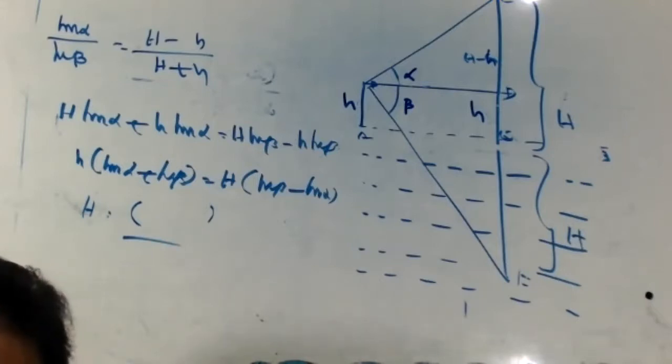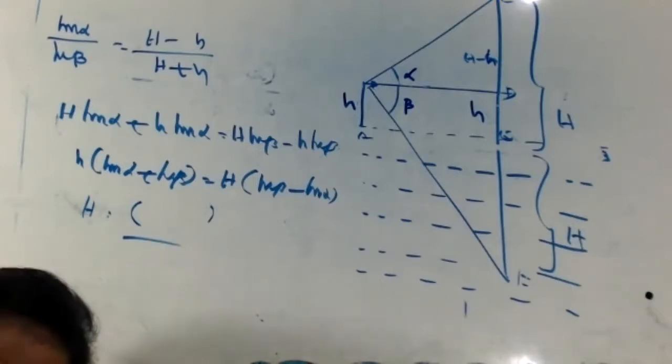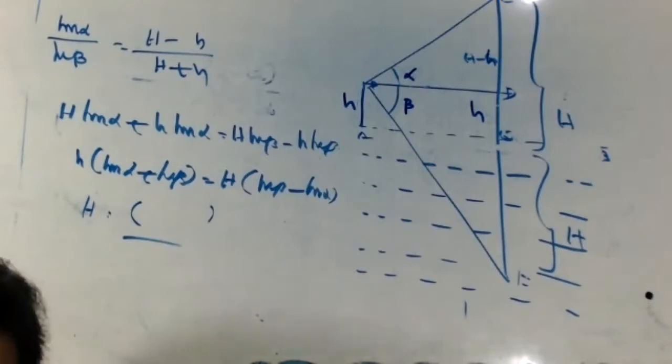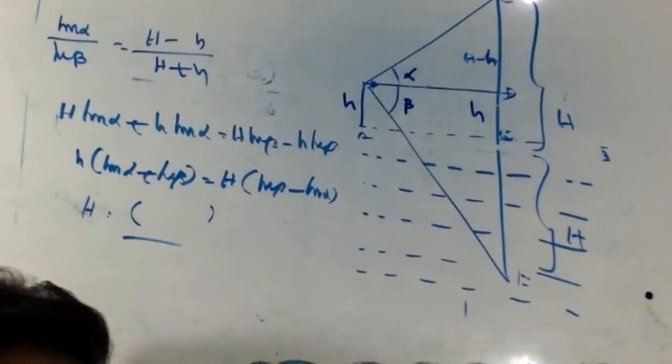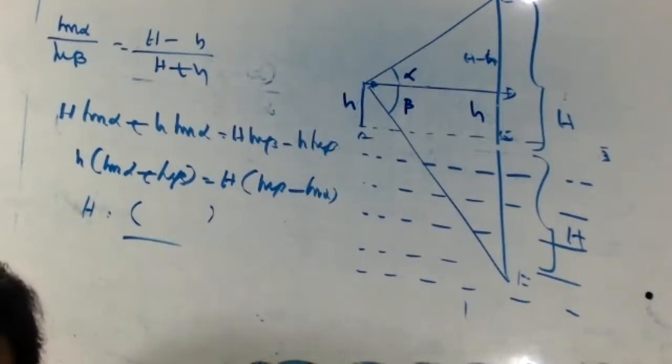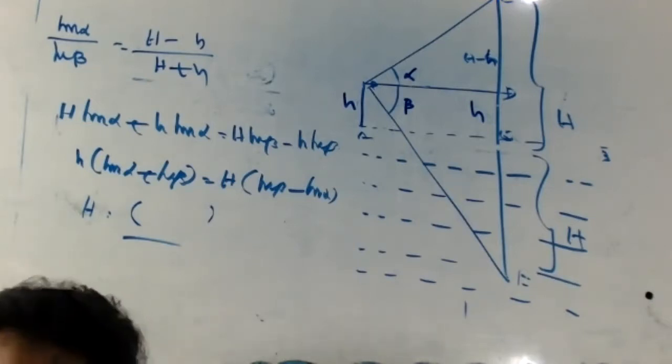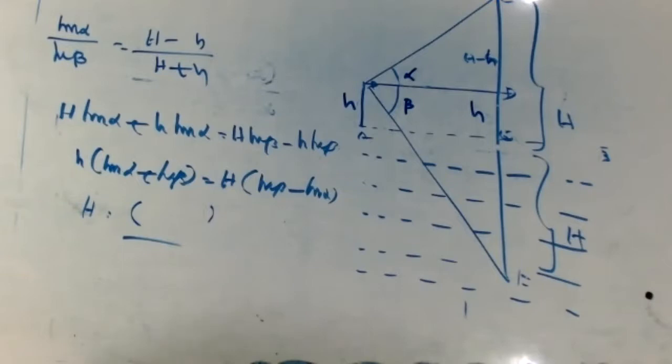The angle of elevation of a cloud from a point h meters above a lake is alpha.